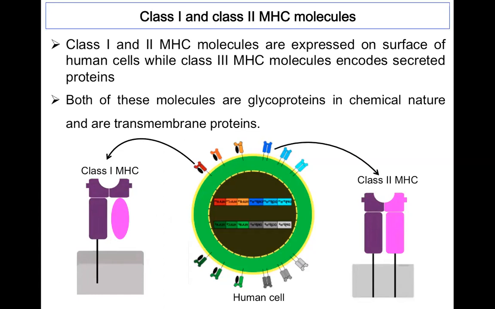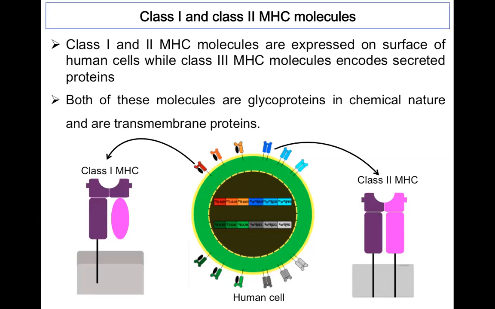And in some books you will see the terms paternal and maternal. So what does that mean? Why are they called class 1 paternal molecules, and why are they called class 1 MHC maternal molecules?